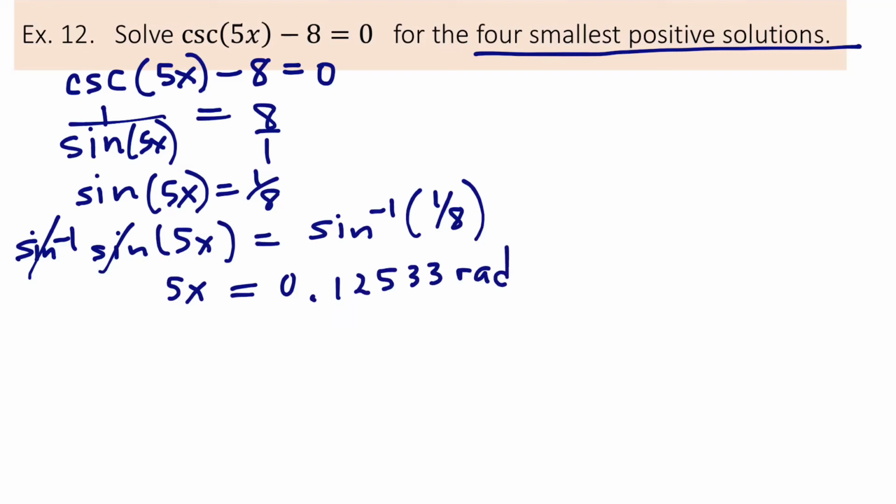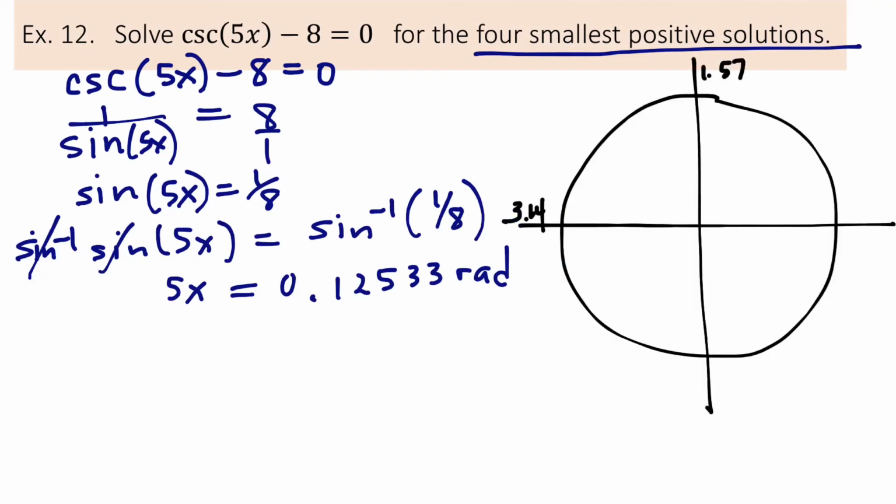So let's look at our circle. So since we took an inverse sine, that means, remember the one-to-one thing, it's going to return you one value for the angle, and it's going to be between negative pi over 2 and pi over 2. So your angle that it returns you is going to be on this side of the circle.